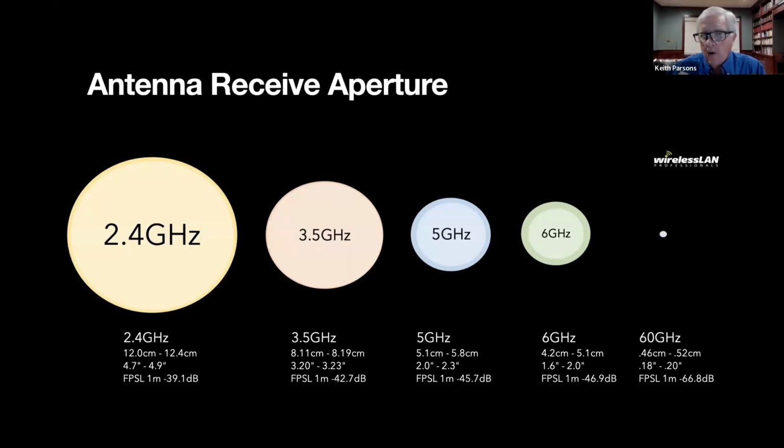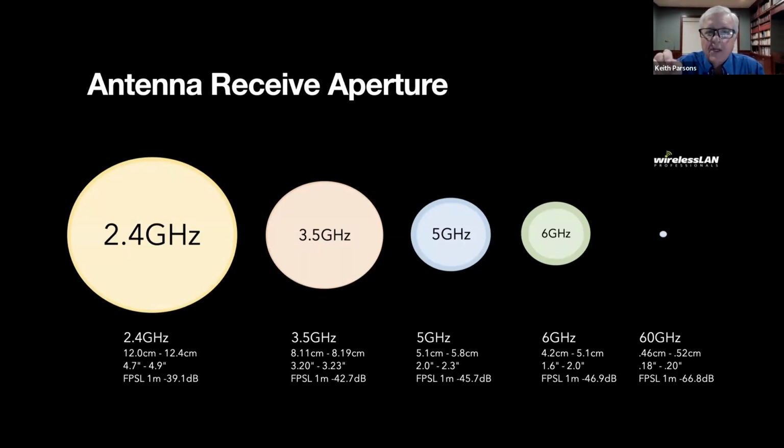Normally we're about a quarter wave, because the way a waveform works, a quarter wave collects most of the data. Now, a half wave antenna or a full wave antenna would be better, but they would be huge in some of these cases. So note the size difference between a 2.4 aperture and a 5 gig aperture. 5 gig is the blue one. If you can see on the slide, there's also a little teeny change of color around the edge of this.